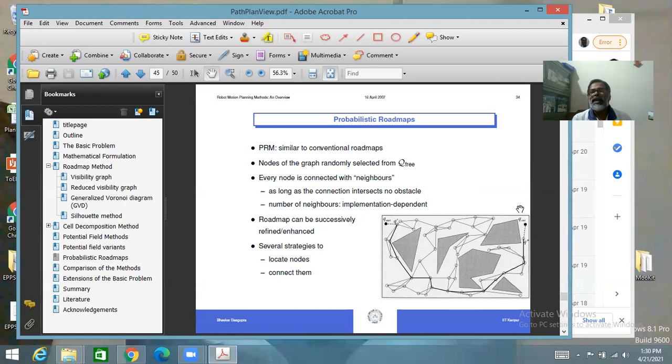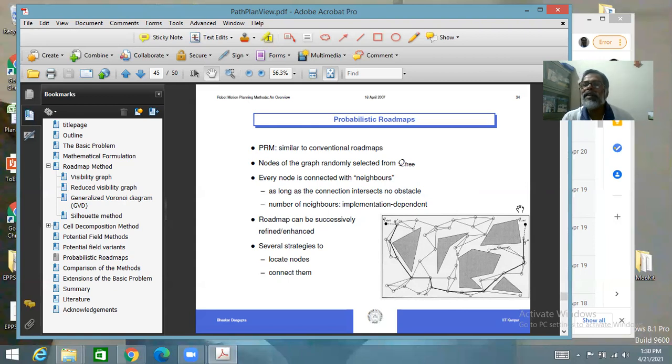So this again, if you ask whether it is a complete method or incomplete method, then this is called probabilistically complete. And that means that by playing on the number of nodes that you are ready to give, you can increase the probability of success of finding an existing path to any number that you want.